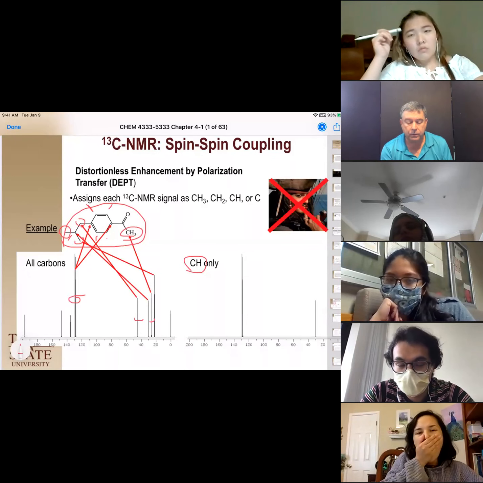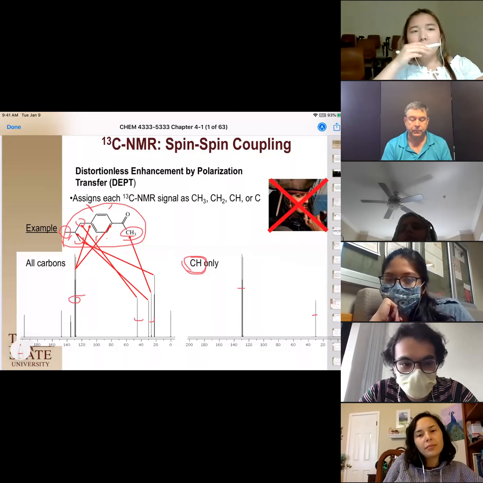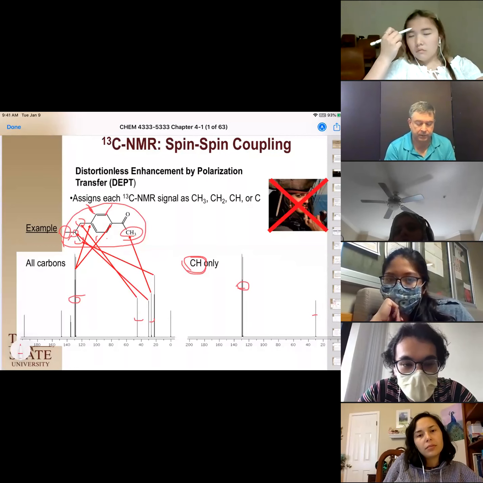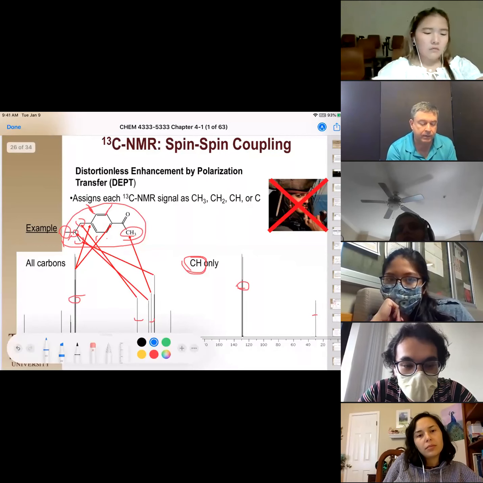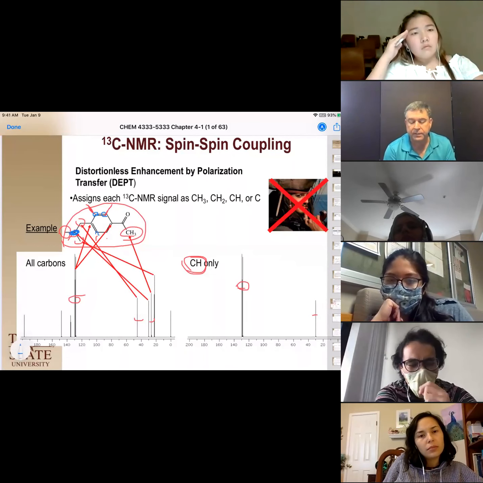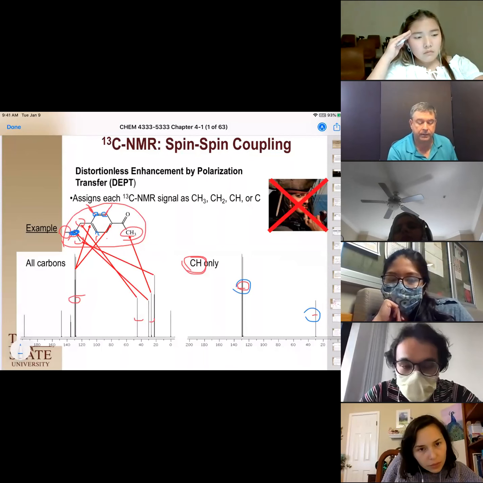Okay, and so only these 3 peaks are things with 1 hydrogen on them. So I bet these 2 are the ones on the benzene ring, and this one right here in the middle, and these hydrogens here are the 3 peaks we see here. Notice it's 3 peaks because of symmetry on the benzene ring.